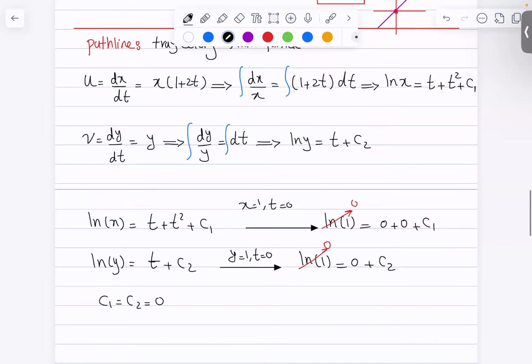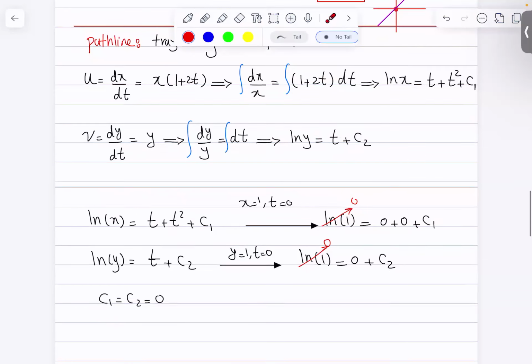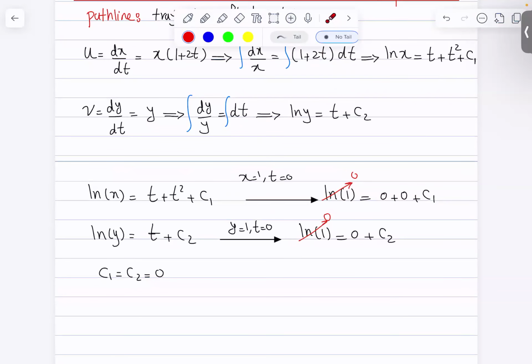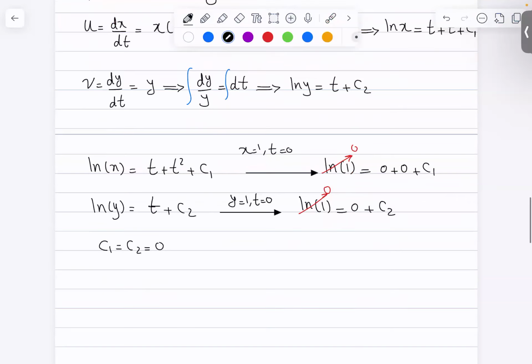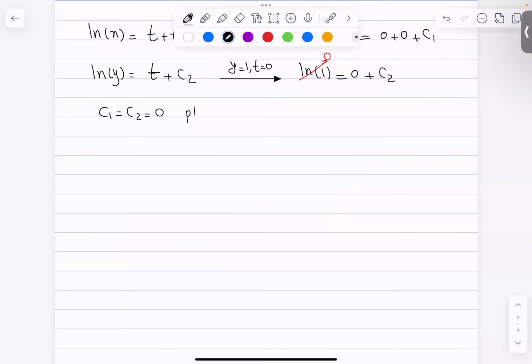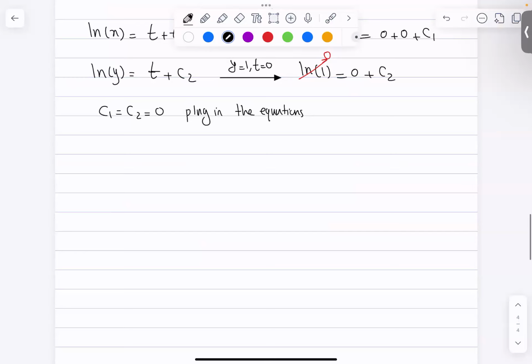If I go back to these two equations that we found, and I plug in those c1 and c2, we get ln x is t plus t squared, and ln y is t.